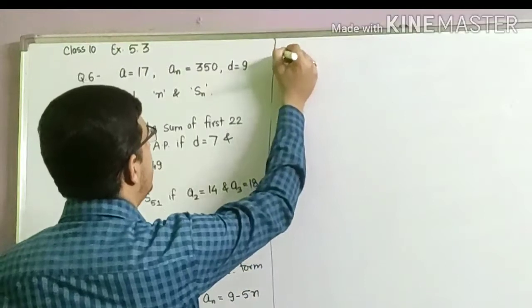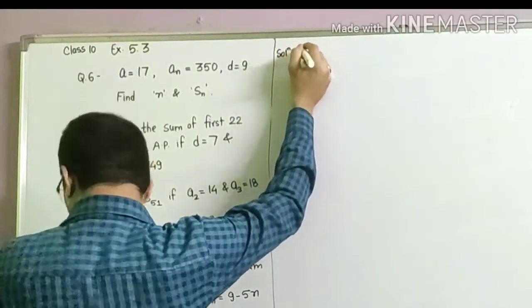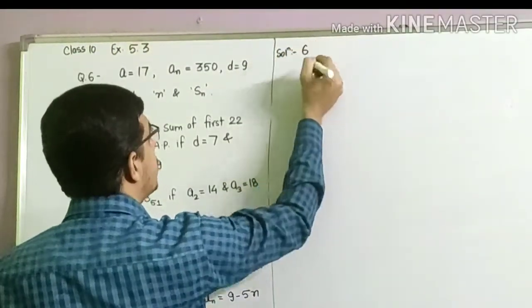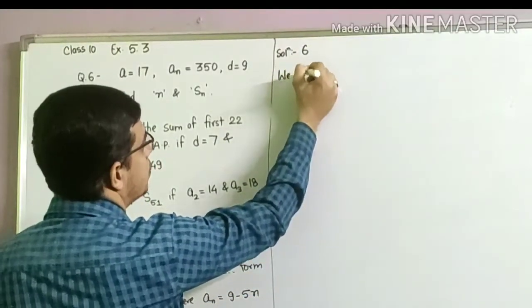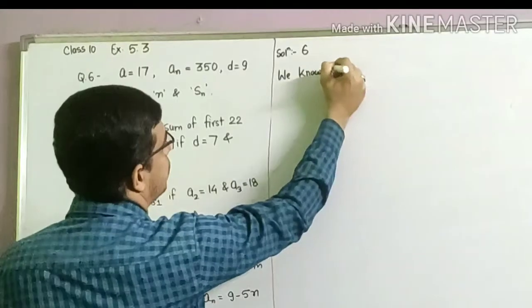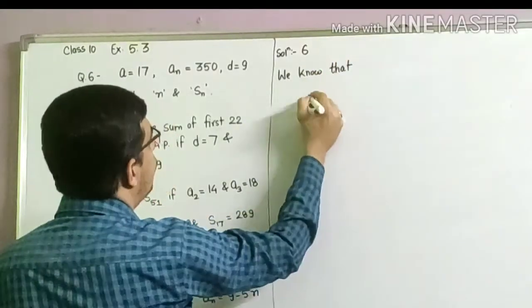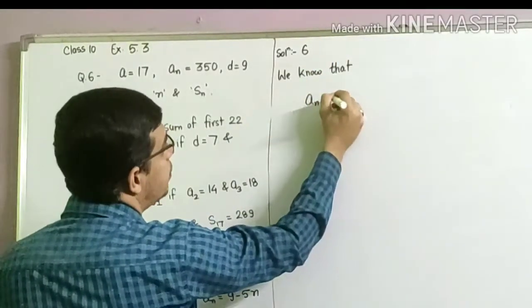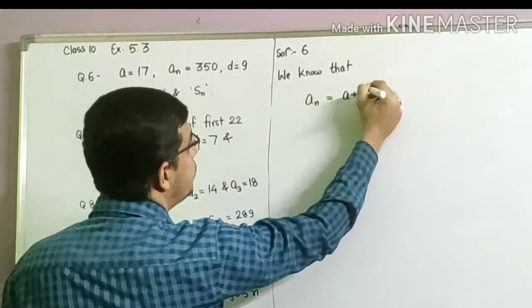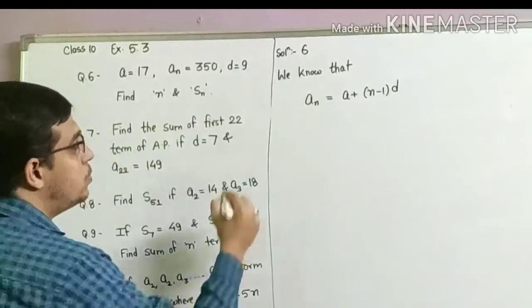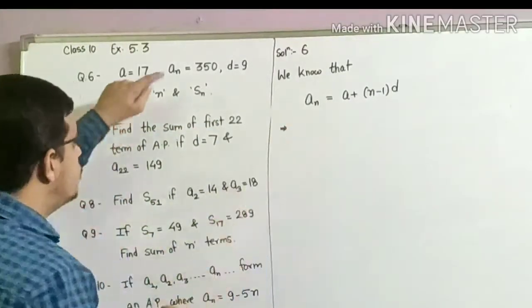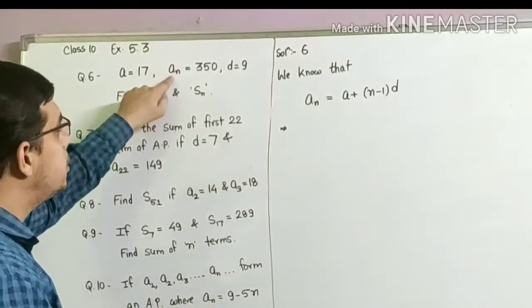Question six. What we know is that nth term an is equal to a plus n minus 1 into d. We can solve with whatever is given.